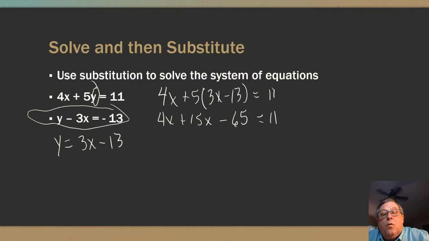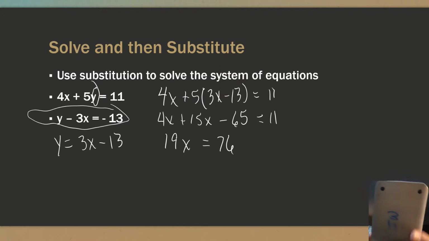We can combine the 4x and the 15x into 19x, and then we add 65 to both sides of the equation, and when we do, we're going to have 11 plus 65, which is going to be 76. So now we got 19x equals 76.